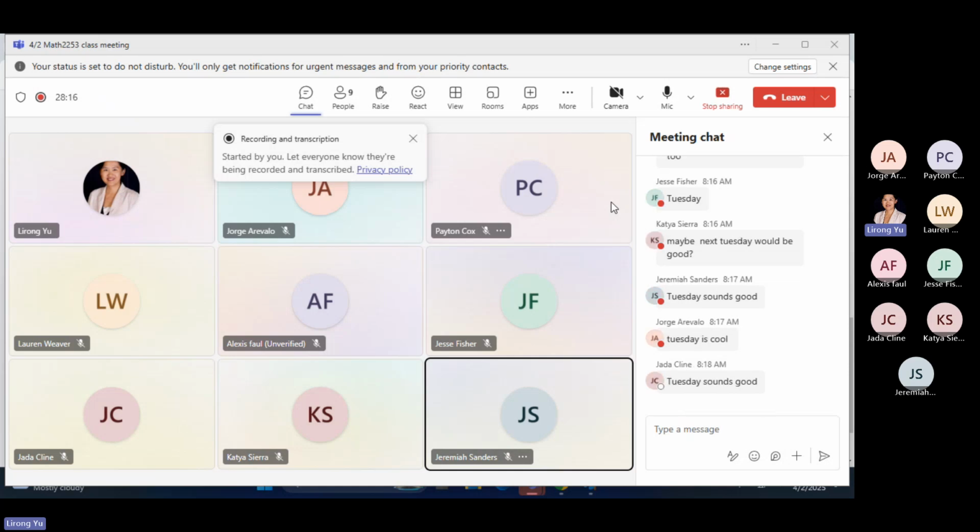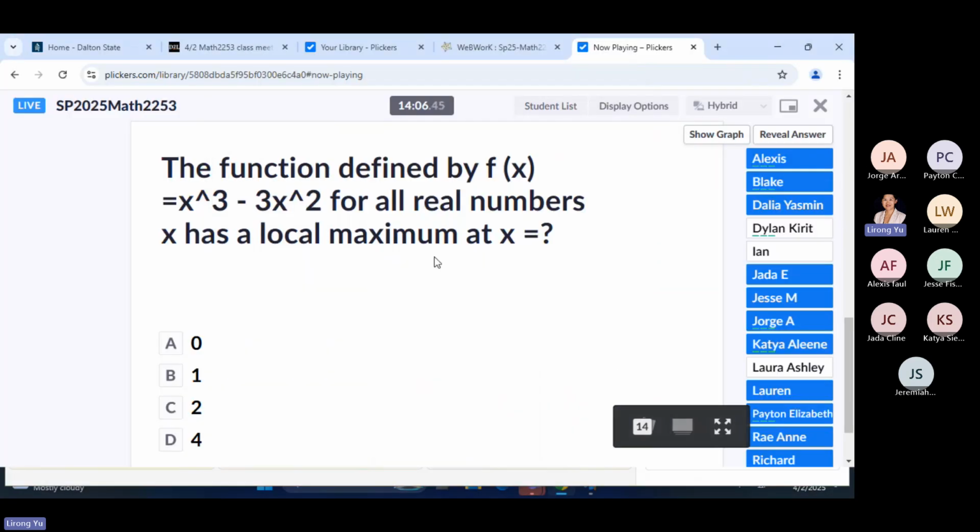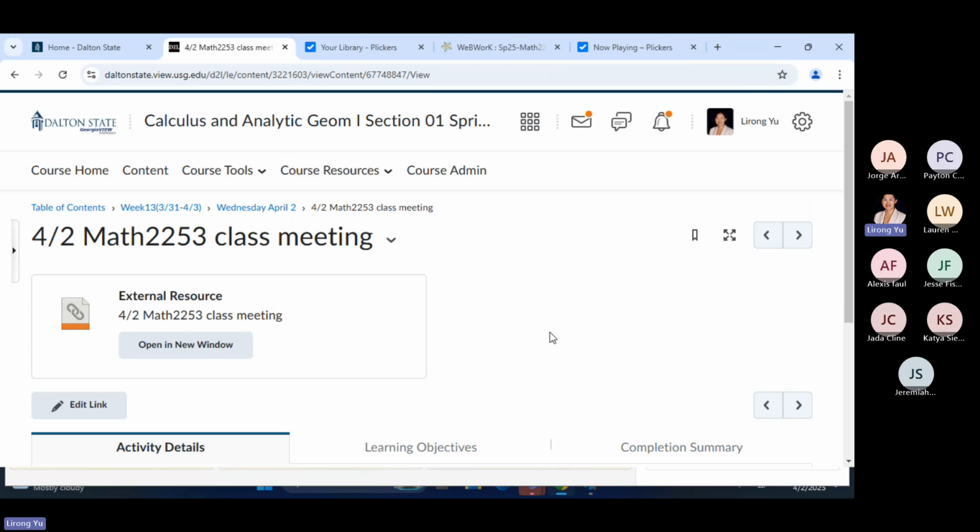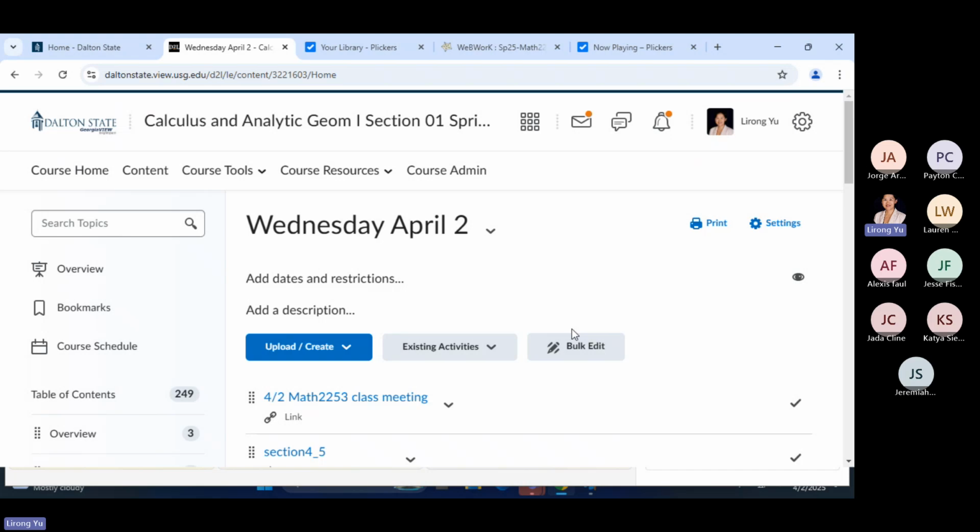Okay, I don't see any different dates being mentioned on the online meeting room and in the class. So let's decide that we're moving the test date to next Tuesday, which is, if my calendar is not wrong, let me look, because occasionally I type up the date wrong online.